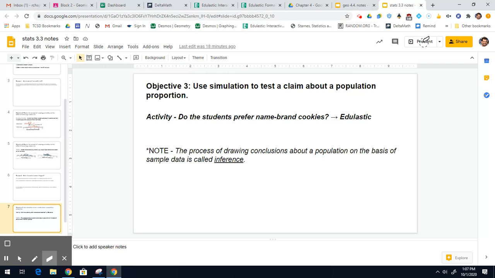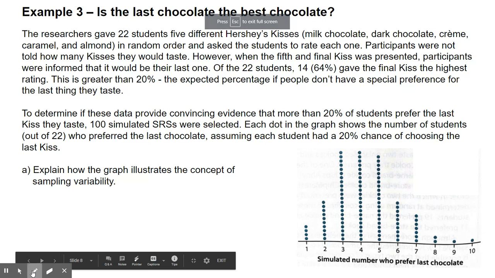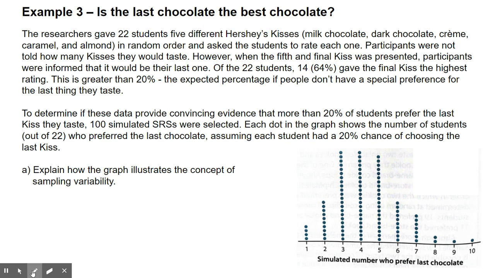Okay, so let's take a look at the example here. Example 3: Is the last chocolate the best chocolate? The researchers gave 22 students 5 different Hershey Kisses: milk chocolate, dark chocolate, creme, caramel, and almond, in random order, and asked the students to rate each one.